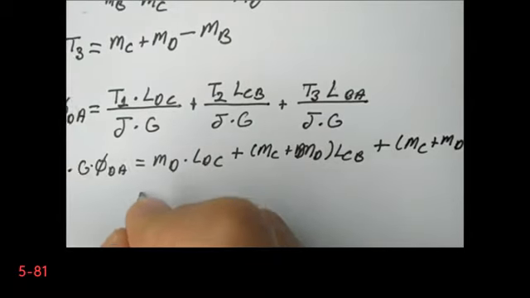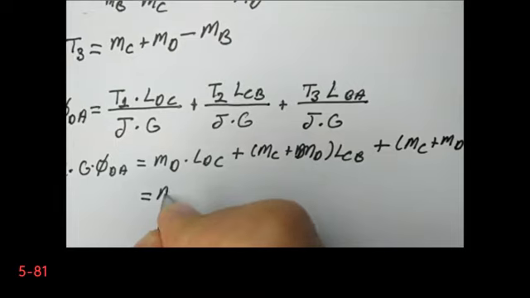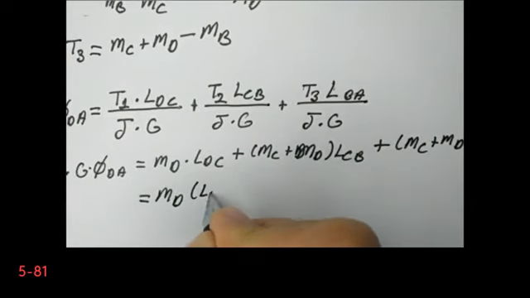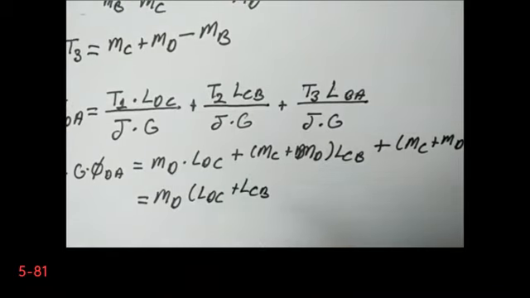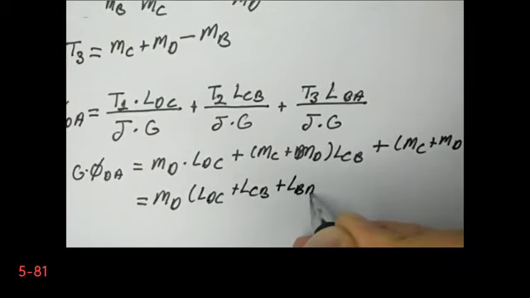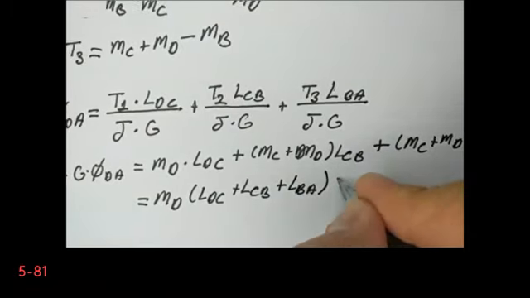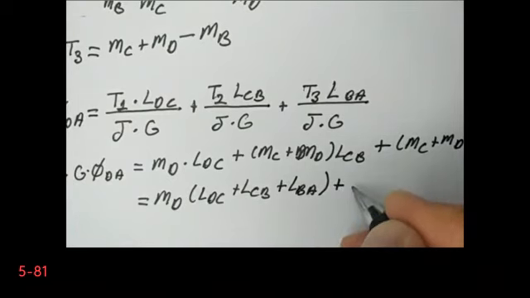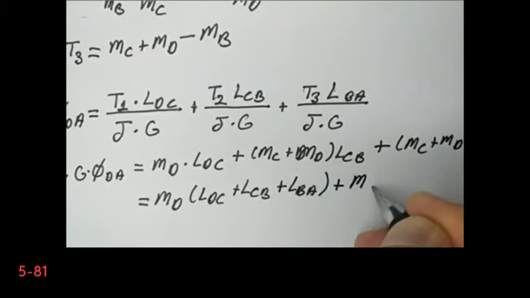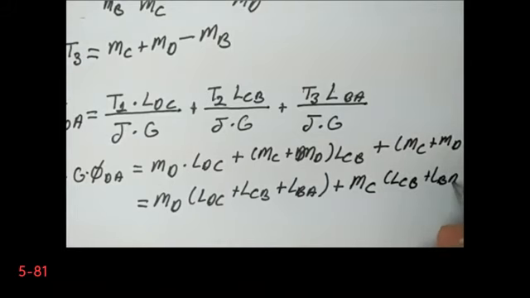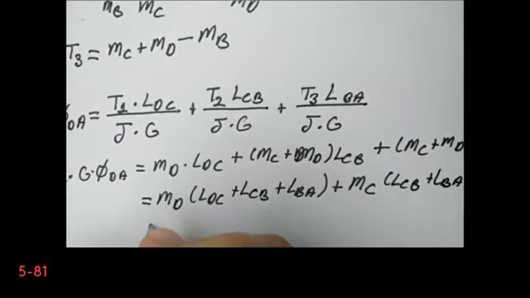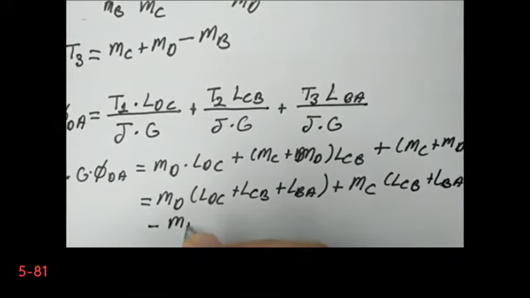Rearranging the equation gives us MD multiplied by LDC plus LCB plus LBA, plus MC multiplied by LCB plus LBA, minus MB LBA.